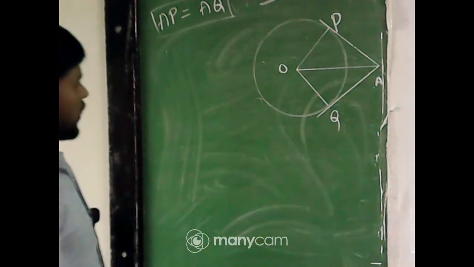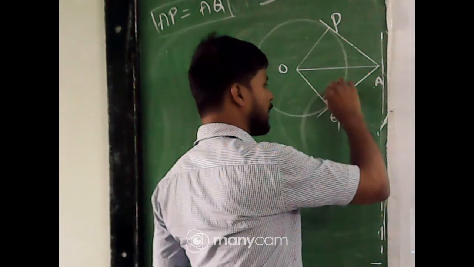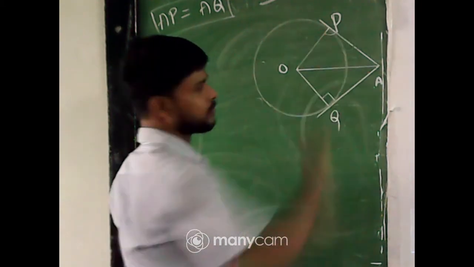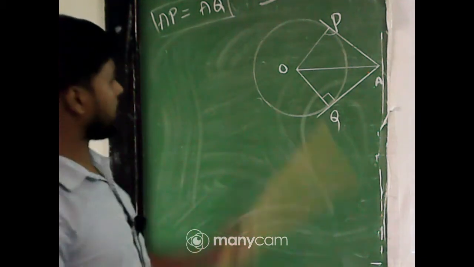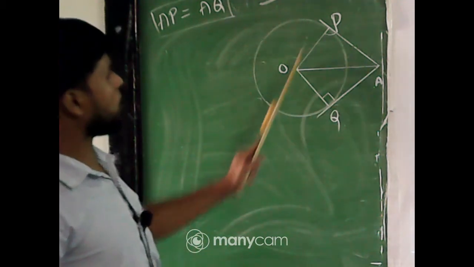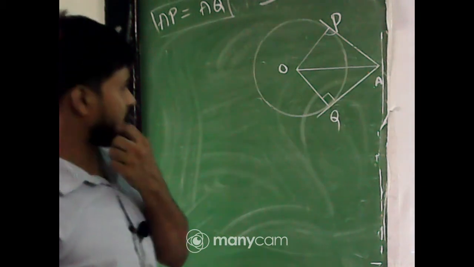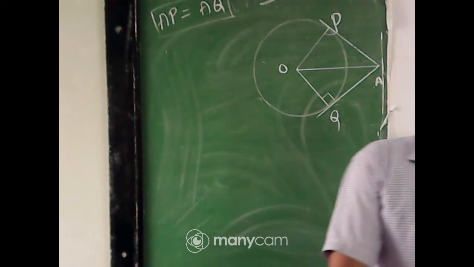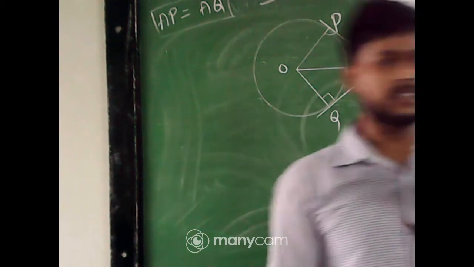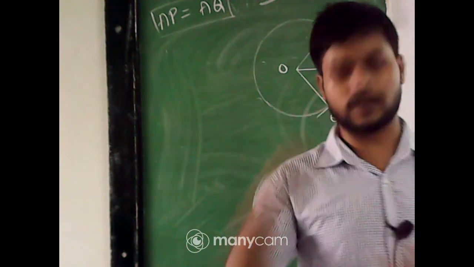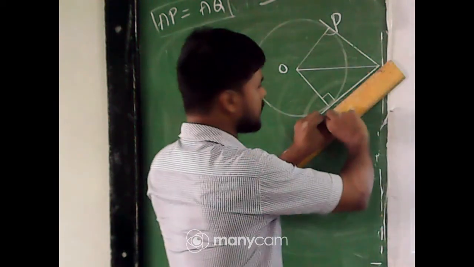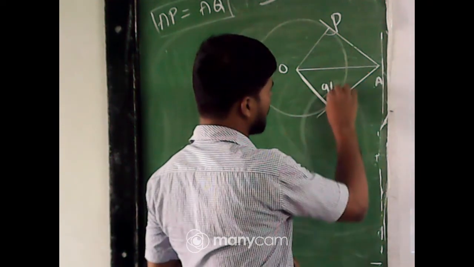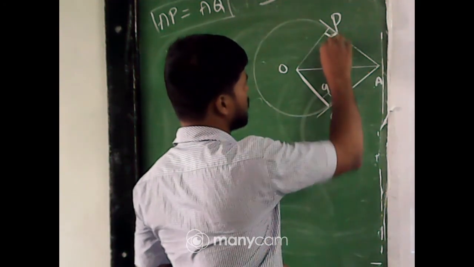Now can you tell me what will be the value of angle OQA and OPA? 90 degrees. Yes, they will be 90 degrees. Why? Because in the previous class we learned a theorem that the tangent and the radius through the point of tangency are perpendicular to each other. So this is the tangent and this is the radius, so this angle must be 90 degrees. Also this angle must be 90 degrees.